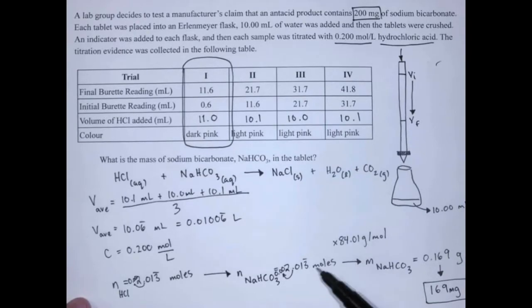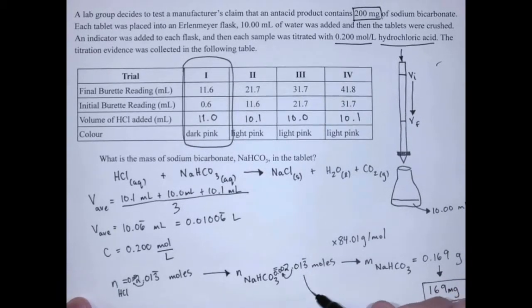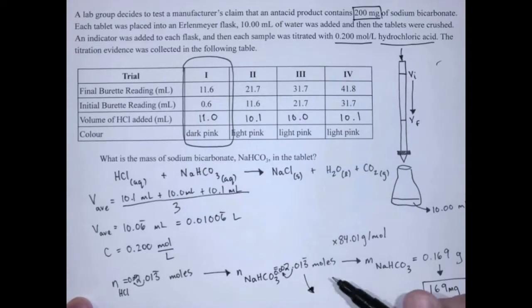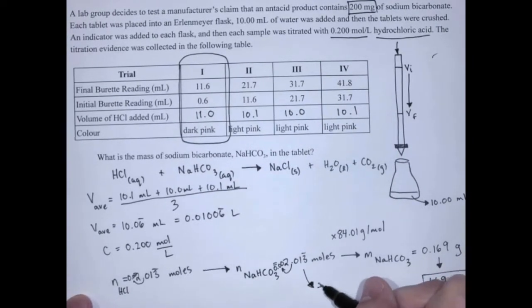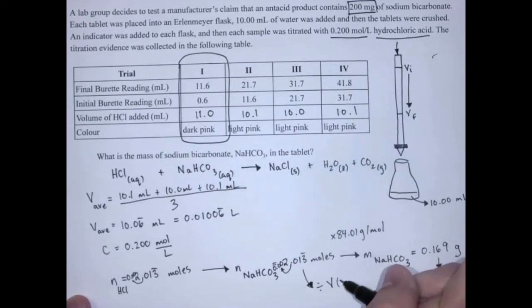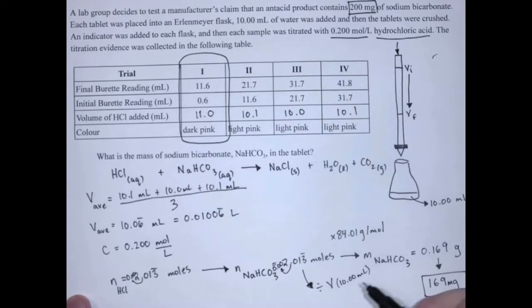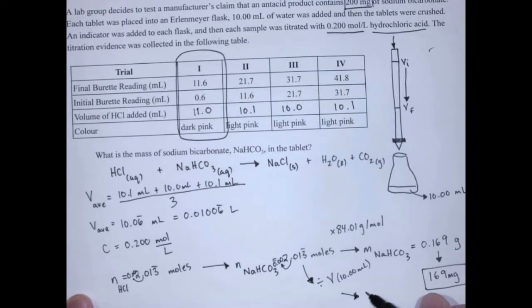The only thing that's a little bit different with other titration calculations is sometimes you don't multiply by the molar mass just to get the mass right at the end. You might find these number of moles, and you would divide it by the volume here, which is the 10 mils, or convert it to liters first, and then you would find your concentration.